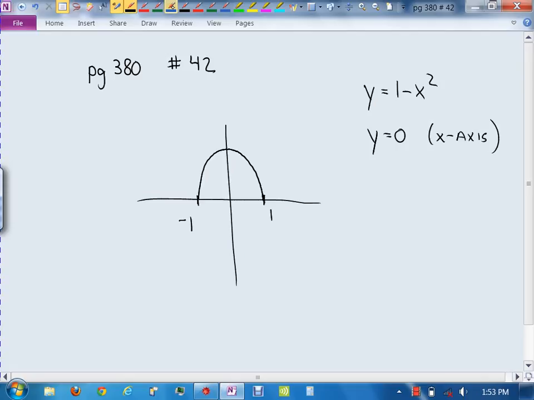Then the x-axis is my other piece, so that's my y equals 0. And this region inside here, all of this, that's the base of the solid. That's the bottom of the solid.